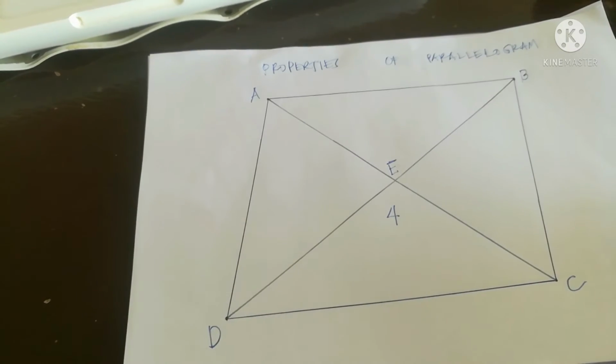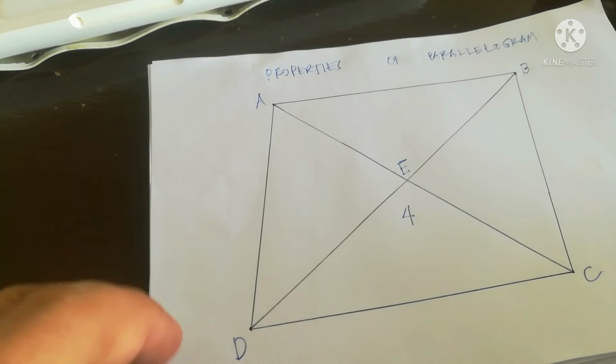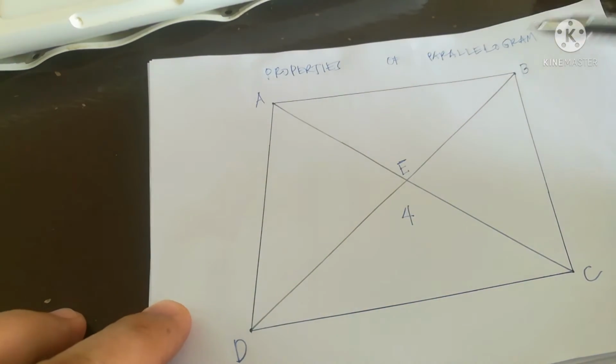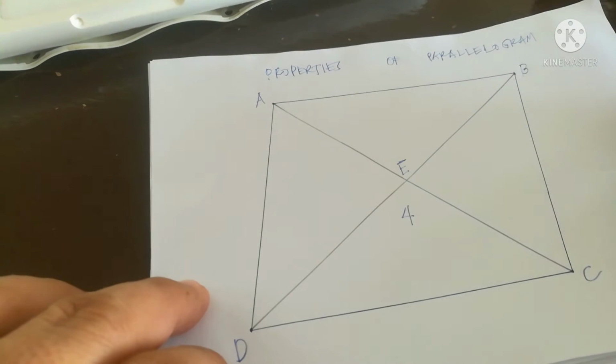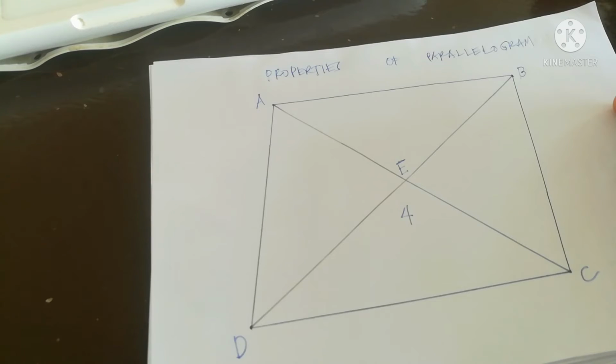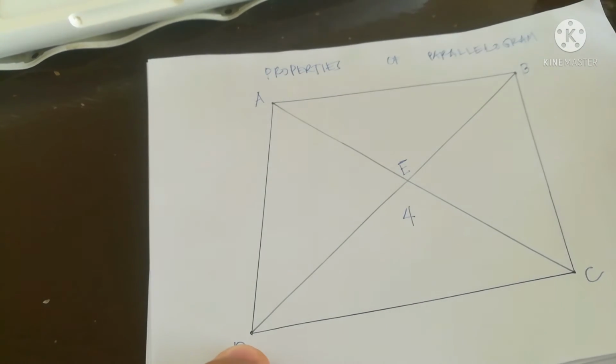In the fourth property of parallelogram, the diagonals of a parallelogram bisect each other. Again, if we say diagonals, joining two vertices that are non-consecutive. Kadtong vertices nga wala nagsunod mao ay atong gi-join.